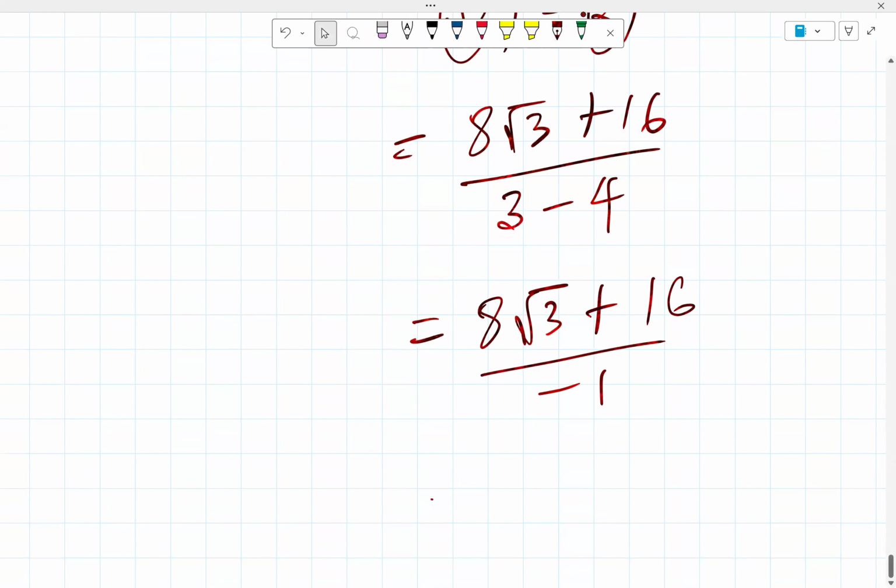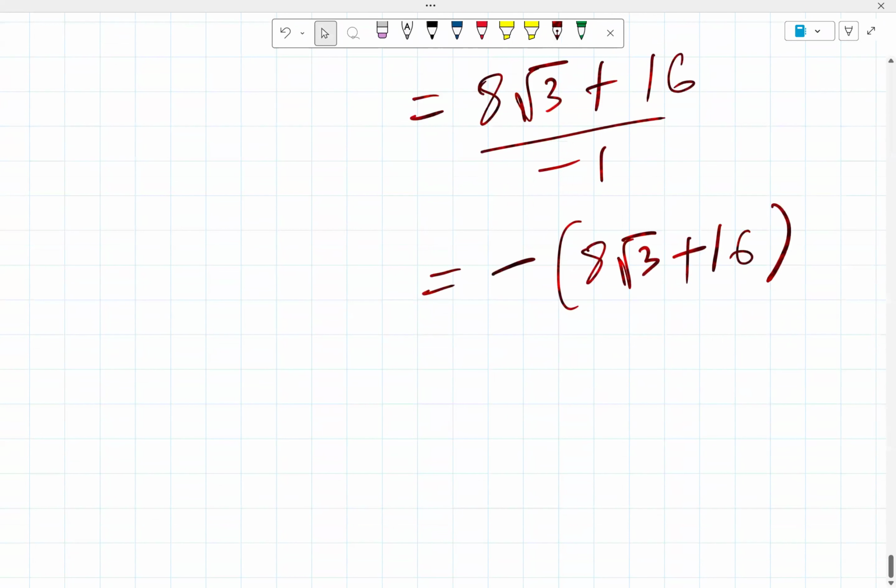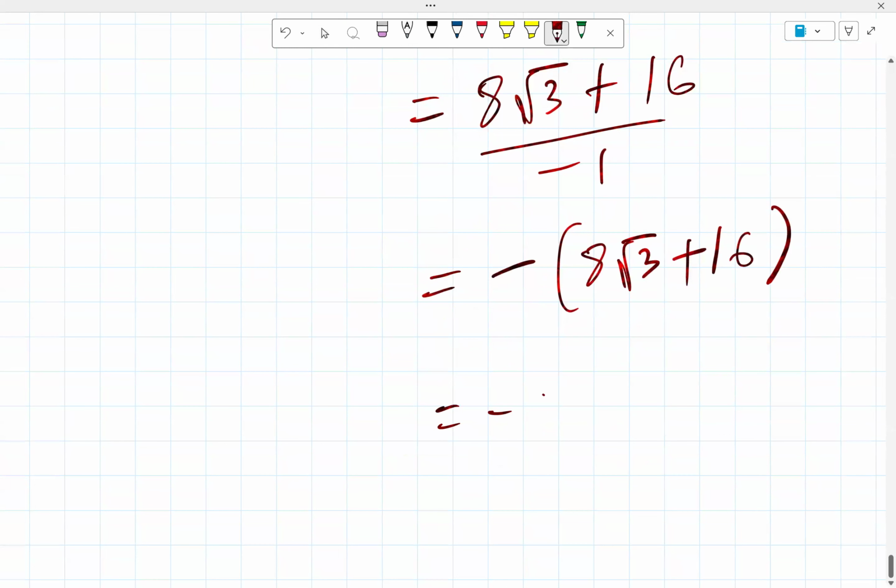So that means we have minus 8 root 3 minus 16. Is that what works? No, no, that'll be minus 8 root 3 minus 16. Or if you like, minus 16 minus 8 root 3, whatever.